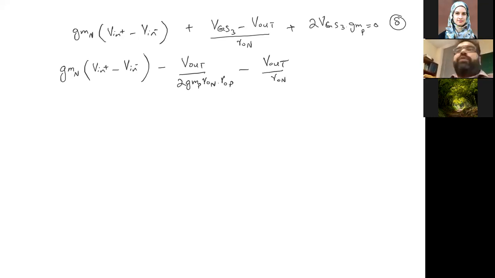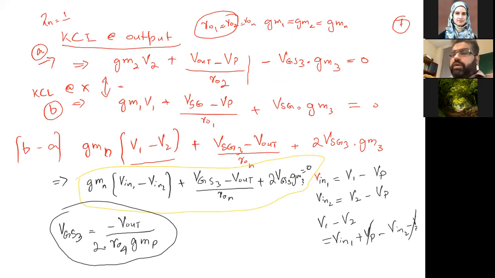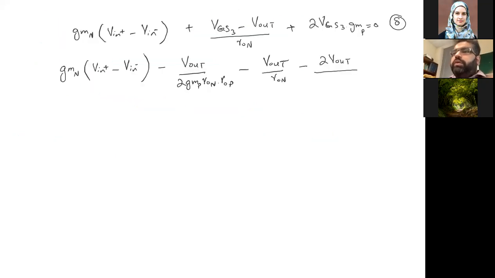You can point out any mistakes, but I feel that should be fine. All the time you're more than welcome to look for any mistakes by solving yourself, because that's the whole benefit of doing things. And 2 times VGS3 and 2 V out divided by, it was 2 times down, so 2 V out.